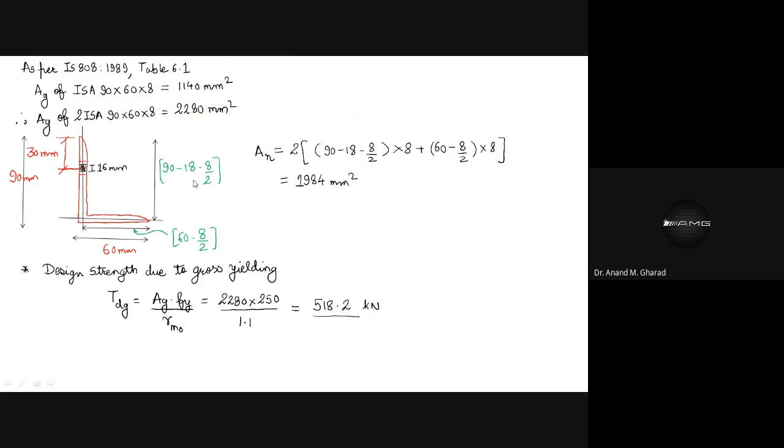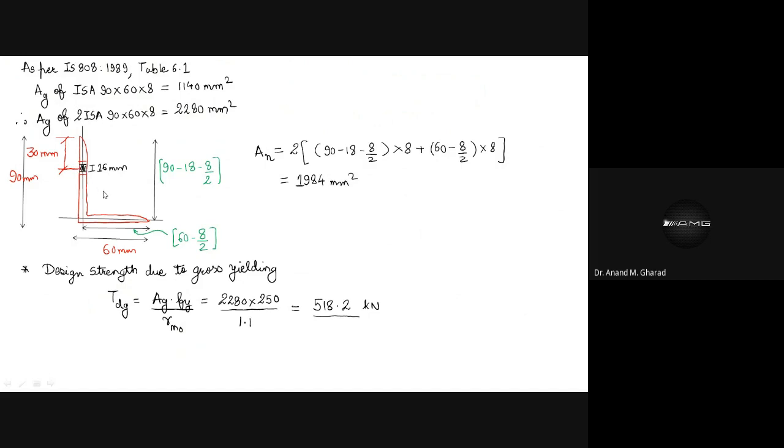And as per IS code, IS 800, the clearance value can be found from that Table 5, which you have told me. For a 16 mm diameter bolt, what will be the clearance? Already I have mentioned over here, but you can verify.